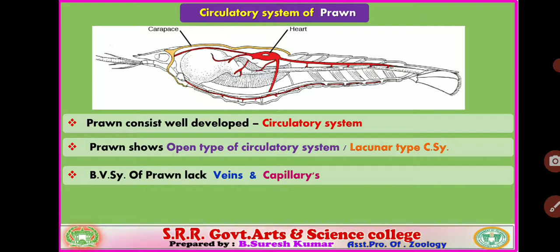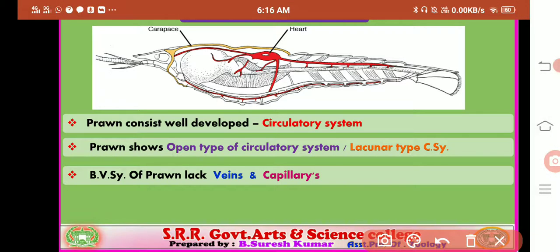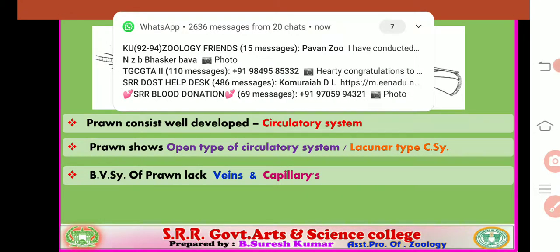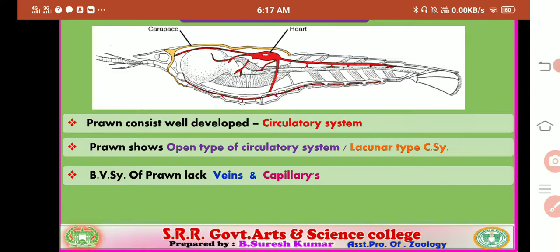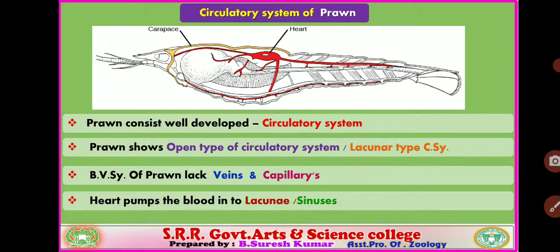The blood vascular system of the prawn lacks what? Veins and capillaries. Remember, veins and capillaries are absent. Okay, so it is an open type of circulatory system. Followed? And the heart pumps the blood into empty spaces. They are called what? Lacunae.